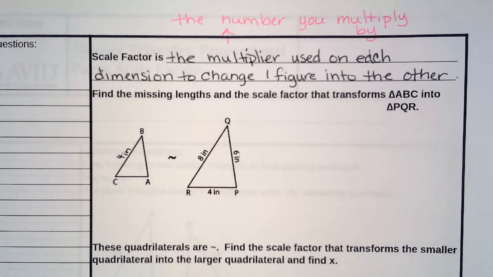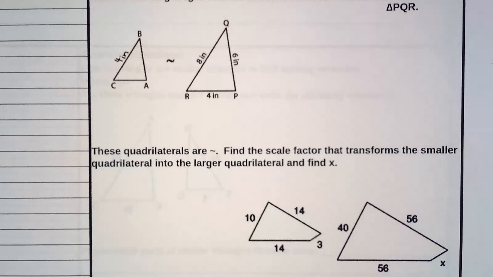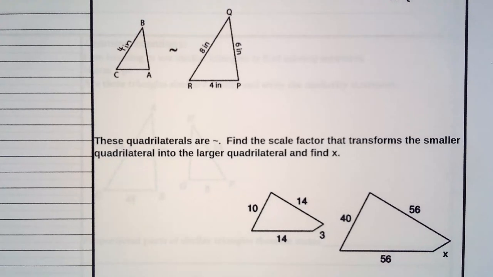So on the next one, find x. Because the quadrilaterals are similar, find the scale factor, and then find x. So if you're looking at this, which sides would be the easiest to find the scale factor for?